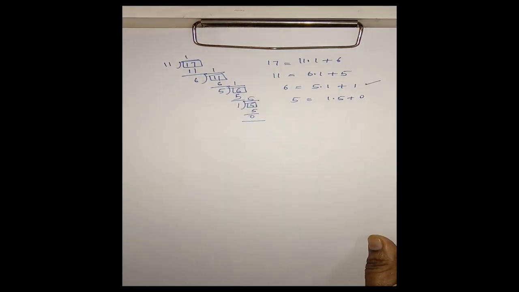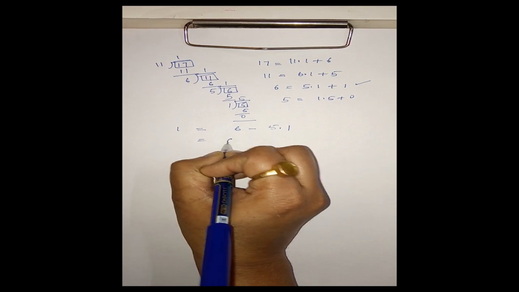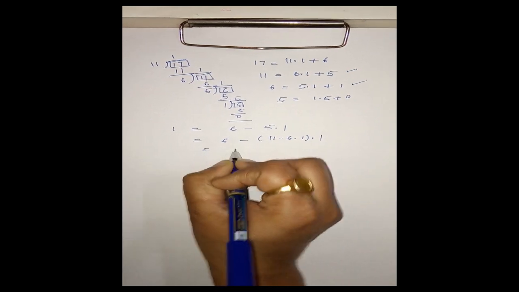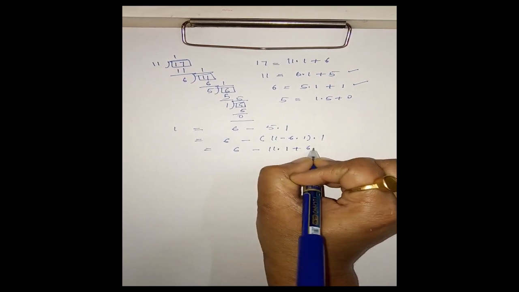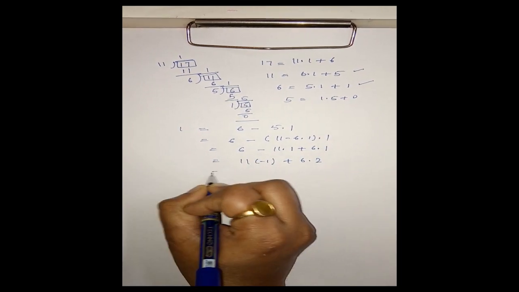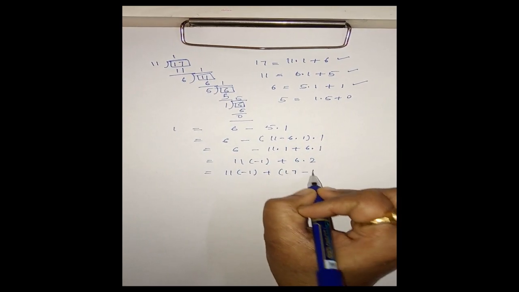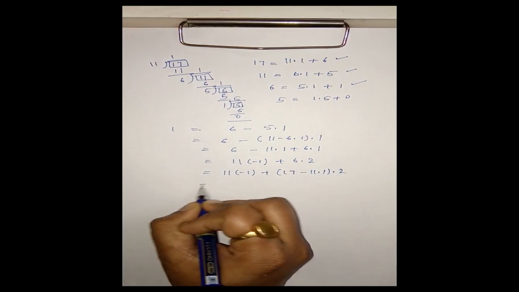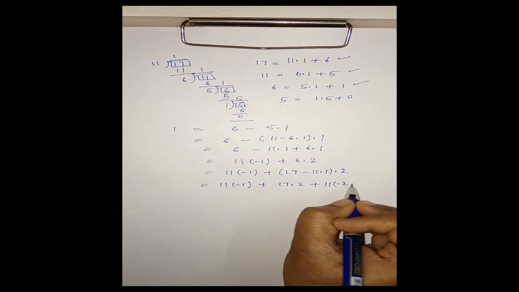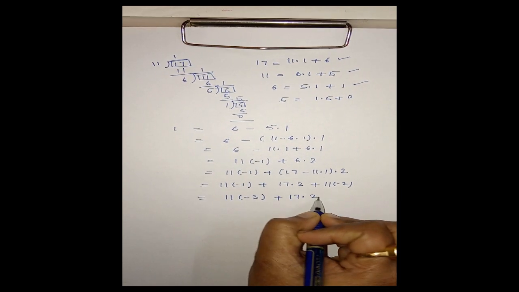Now we will start from the second last step. 1 can be written as 6 minus 5 into 1. Now this 5 is 11 minus 6 into 1, that is 6 minus 11 into 1 plus 6 into 1, that is 11 into minus 1 plus 6 into 2. Now 6 is 17 minus 11 into 1, so we get 11 into minus 1 plus 17 into 2 plus 11 into minus 2, that is 11 into minus 3 plus 17 into 2.